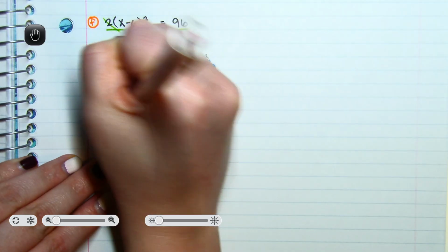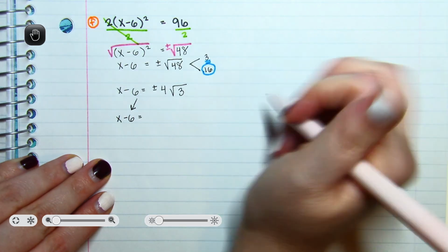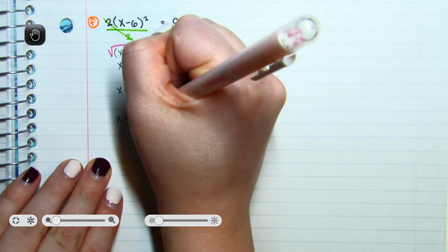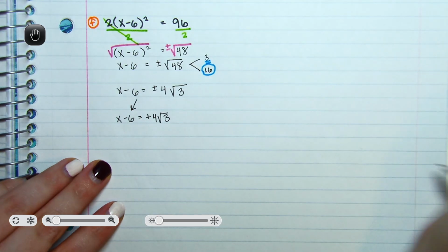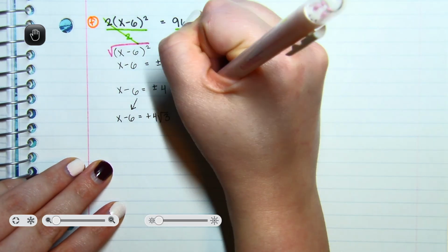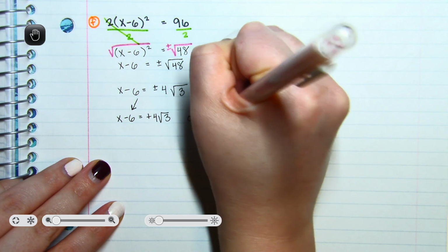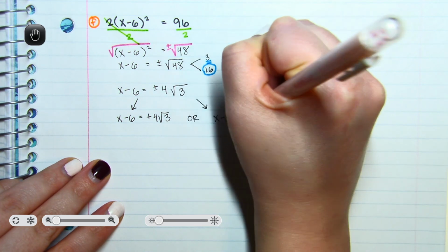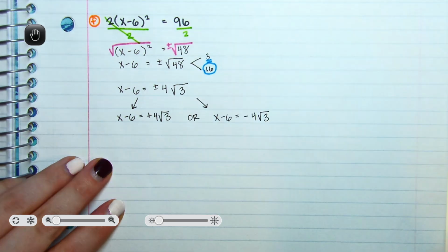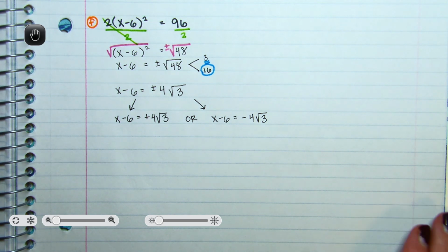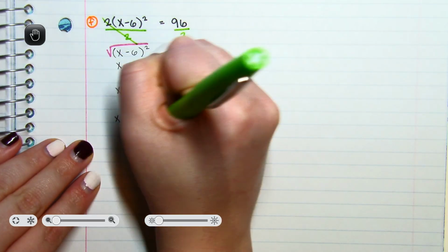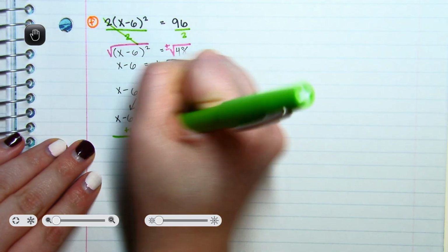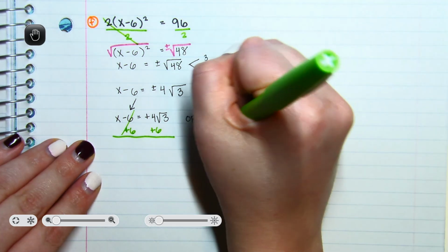I'm going to have x minus 6 equals positive 4 rad 3, or x minus 6 equals negative 4 rad 3. Now both of these, I have to get the x by itself. So for both of them, I'm going to add 6 to both sides. And we know the 6 cancels out on the left.